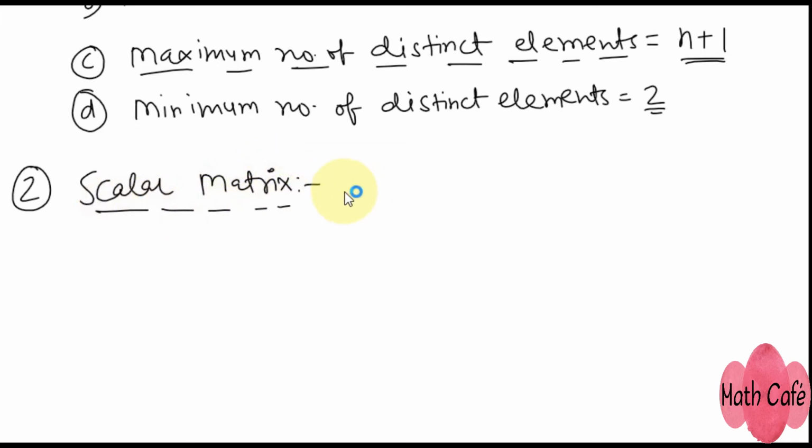So first of all, we will see the definition of scalar matrix. In any diagonal matrix, if all the diagonal elements are same, then this type of matrix would be called scalar matrix.